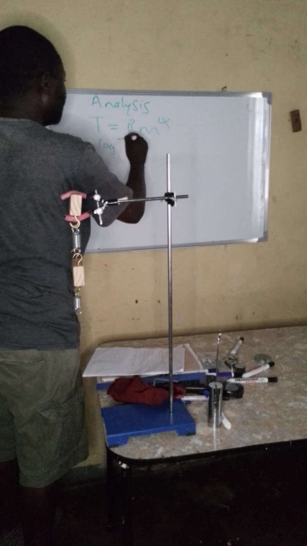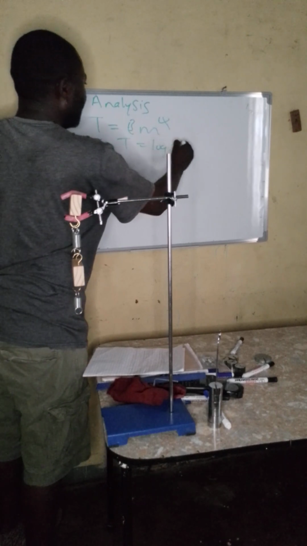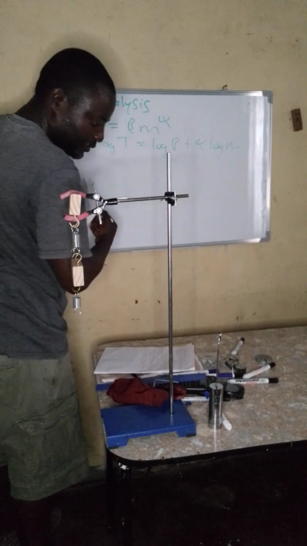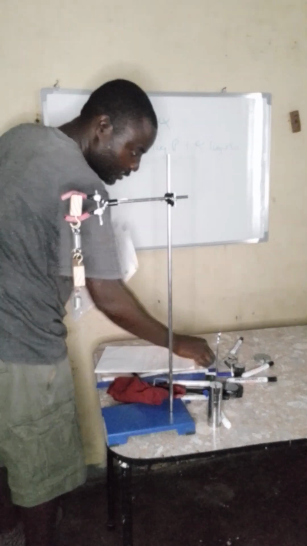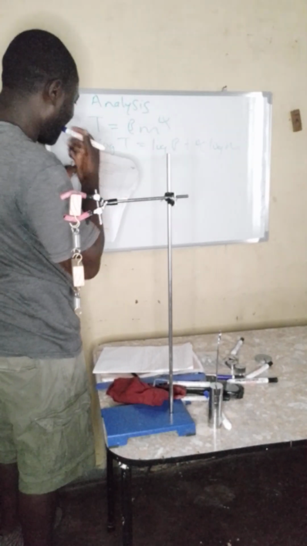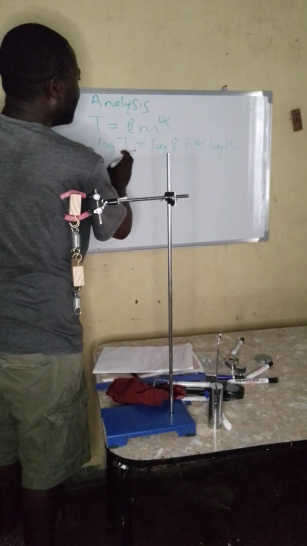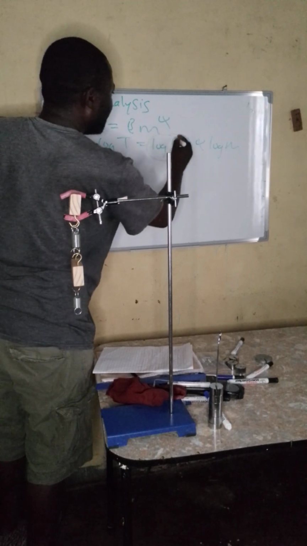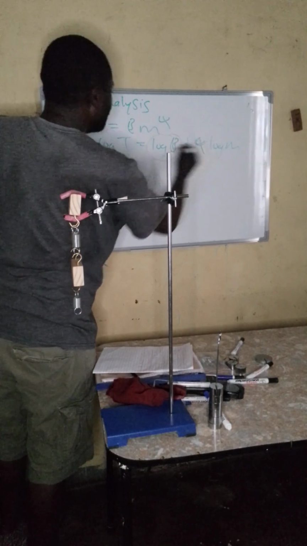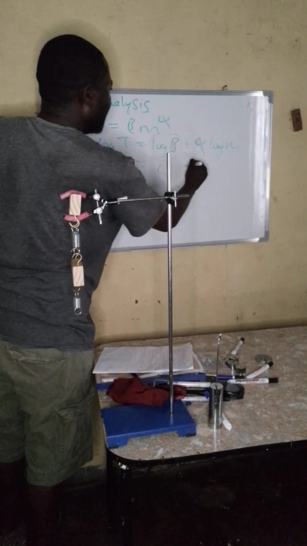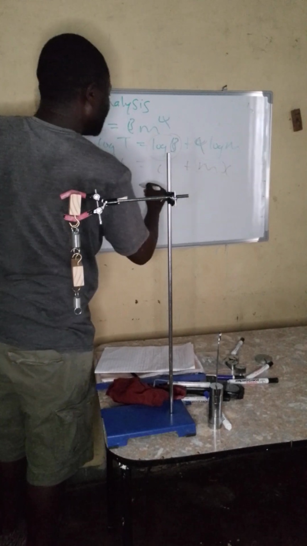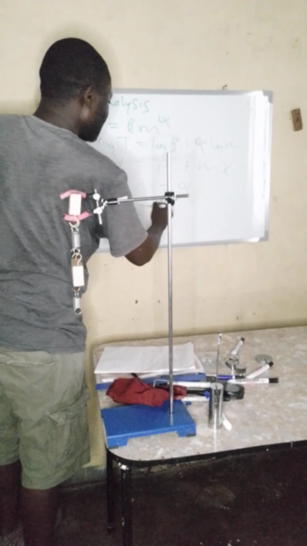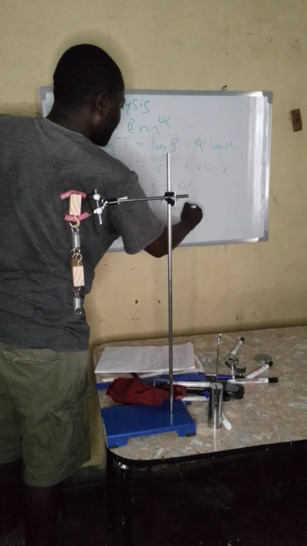So log T equals log beta plus alpha log M. We have plotted the graph of log T against log M, and we want to find beta and alpha. So y equals c plus mx. This is analysis. m equals alpha, and c equals log beta.